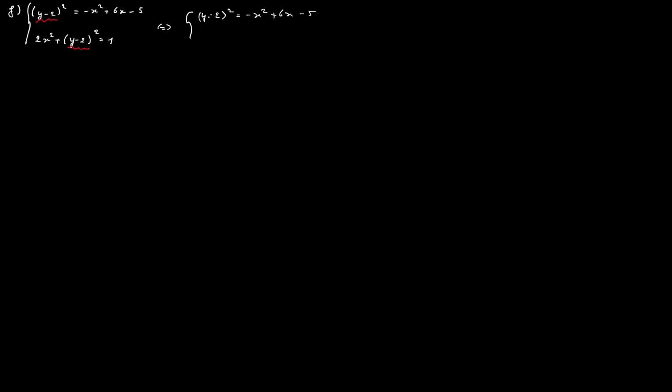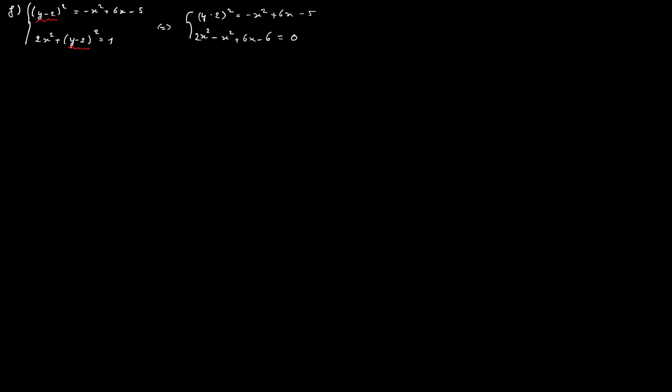Well, if we fill that in, we find 2x squared plus all of this we found over here, because that's what minus y minus 2 squared is equal to. So minus x squared plus 6x minus 5 is equal to 1, or in other words, minus 6 is equal to 0.